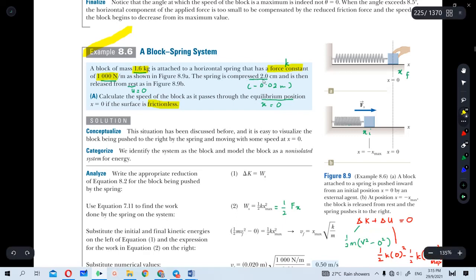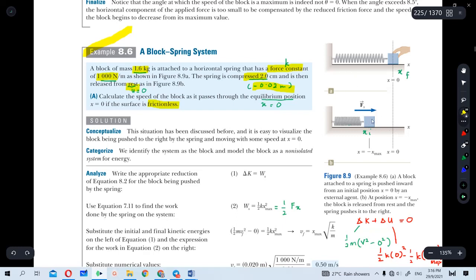In this case, you were given the initial situation, a value of negative 0.02 meter because of compression. Make sure to convert into SI unit because we are dealing with the unit joule, which is work. And when it is at this position, it is actually at rest.